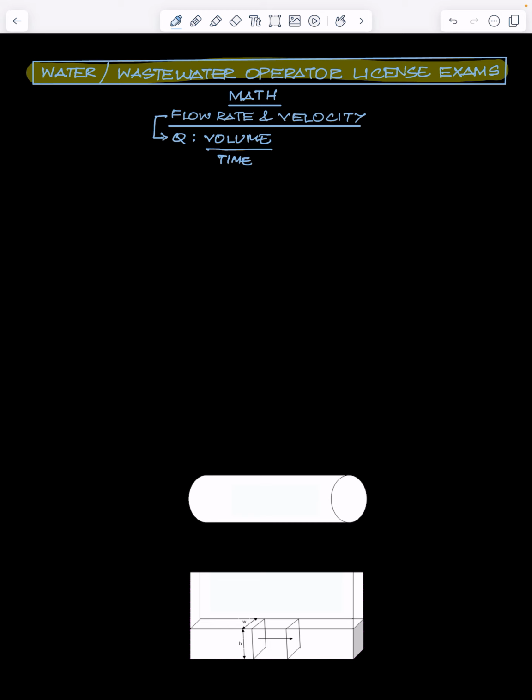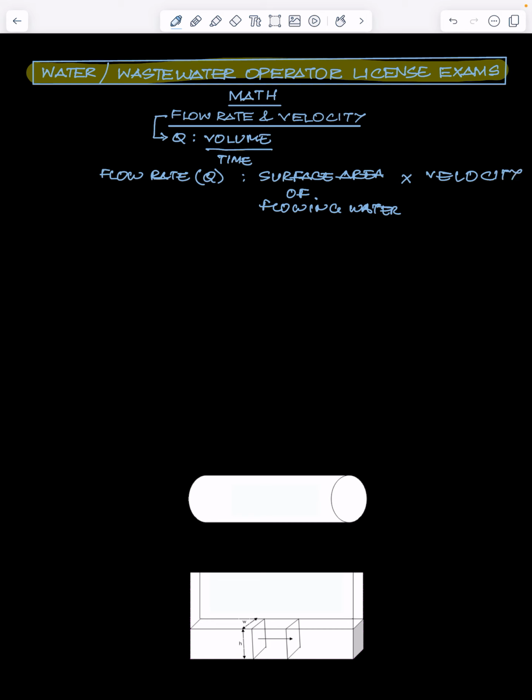So the flow rate Q can be calculated by multiplying what is called the surface area of flowing water by the velocity, which is the speed at which the water is flowing.